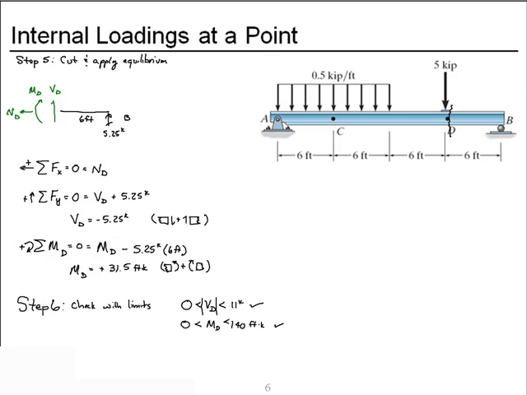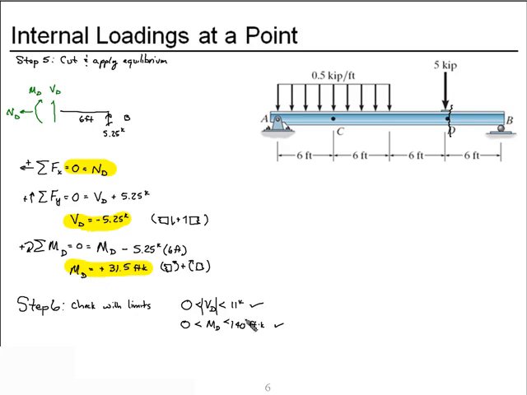We then moved to point D, cut it, kept the right piece for a free body diagram, and applied equilibrium. Found that the normal force is 0 here as well, that the shear is negative at D, which is a point just to the right of the 5 kip applied load, and calculated the moment to be 31.5 foot kips.